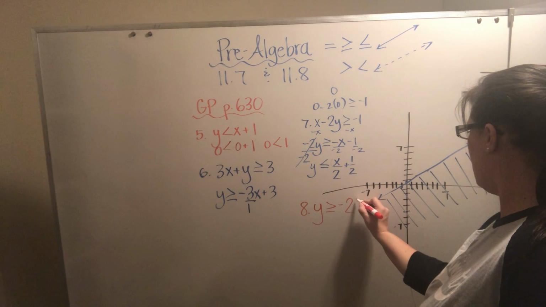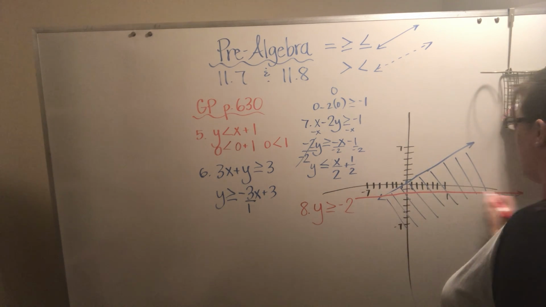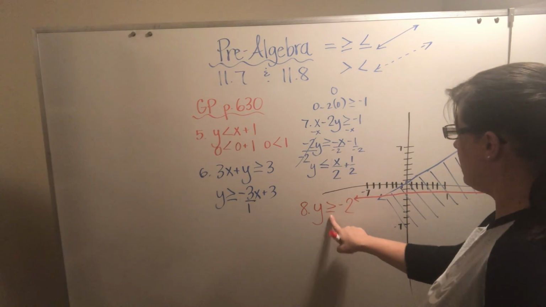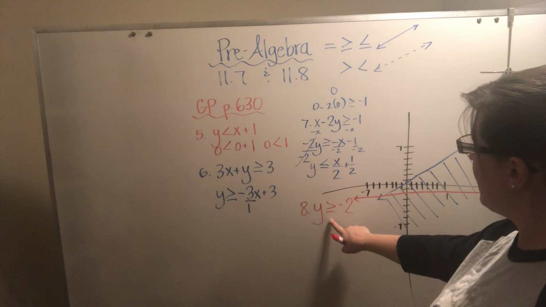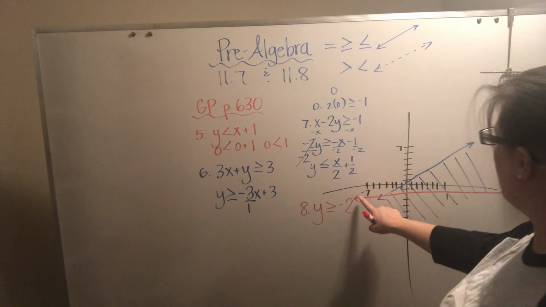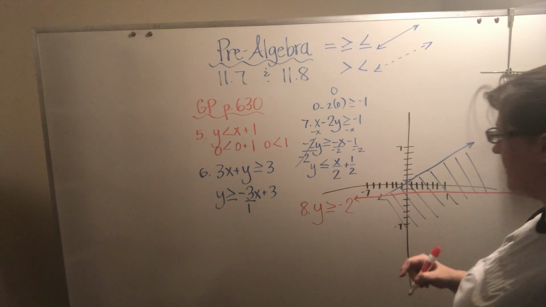A horizontal line at negative 2, okay? It does include, so I have a solid line there. y is greater than or equal to negative 2. That's right here. All right? It is a solid line that equals it.